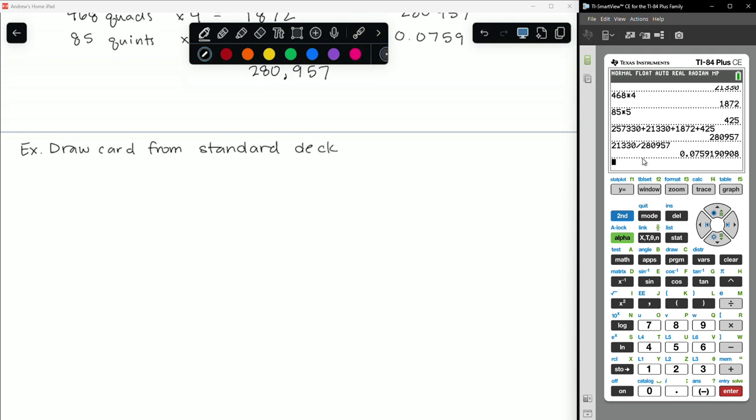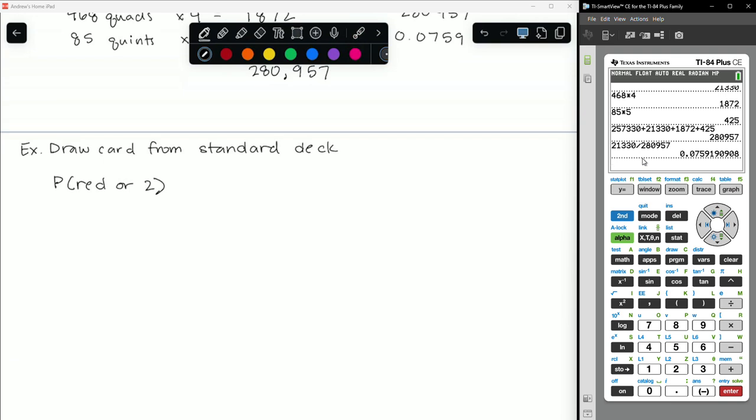And I want to know what the probability is that I draw a card that is both red and a 2. Or a 2, sorry, not red and a 2, or a 2. My poor little brain. So what is the probability that I draw a card that is red or a 2?